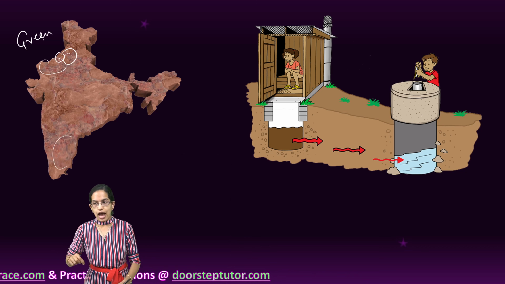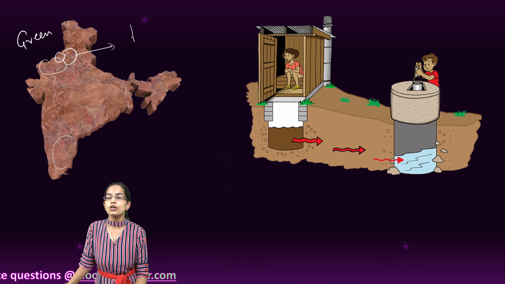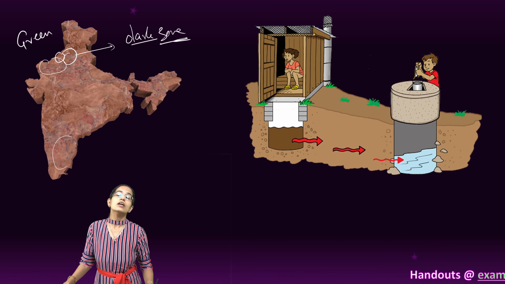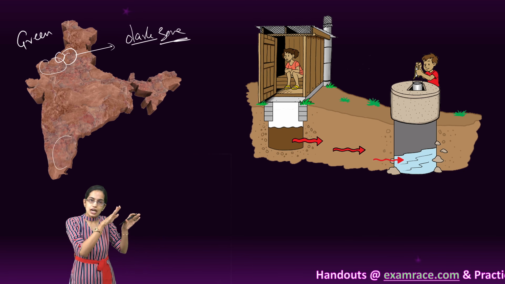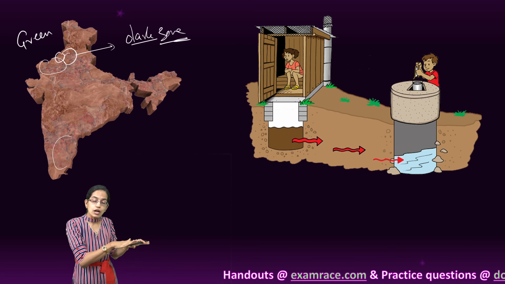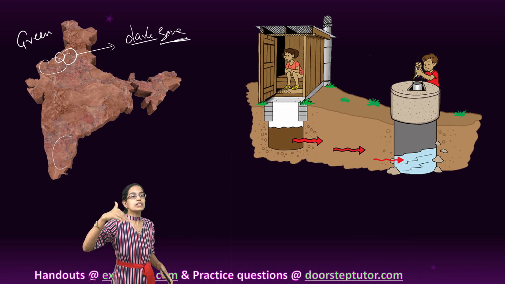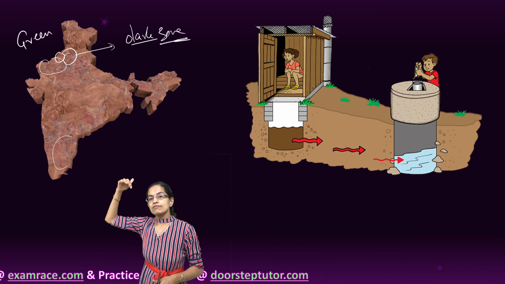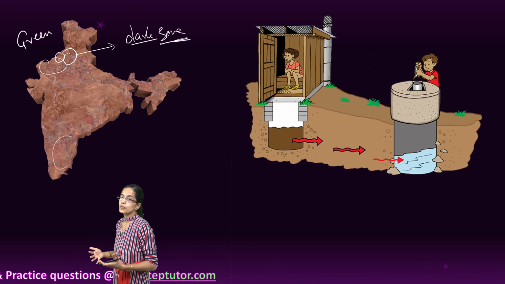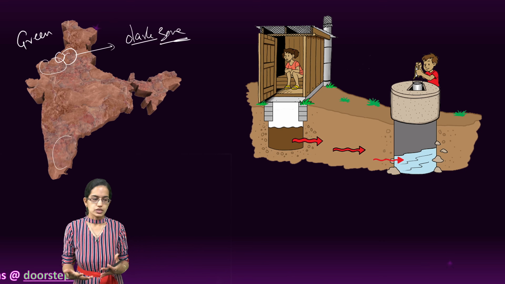As a result, at present a lot of regions are converting into grey zones and dark zones. Grey zones and dark zones are the regions where the groundwater table has started to go down significantly, and even with a bore well pumping, they would have to go to extreme depths to get a certain amount of water.